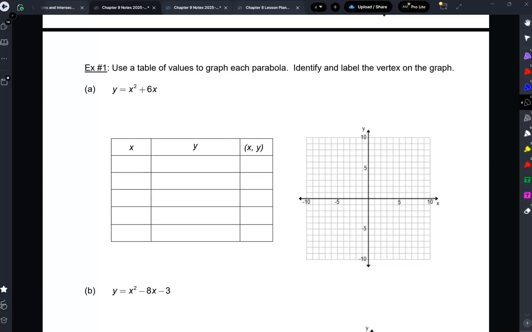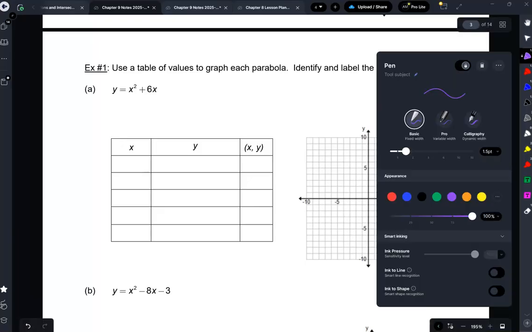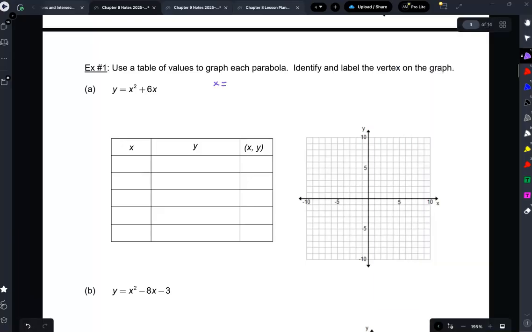All right, so let's do this one now. Let's do it a little bit more efficiently. The first thing we're gonna do is identify a and b, and plug them into x equals negative b over 2a. So remember, the equation is y equals ax squared plus bx plus c. Always remember that so you know which one is your a, which one is your b.